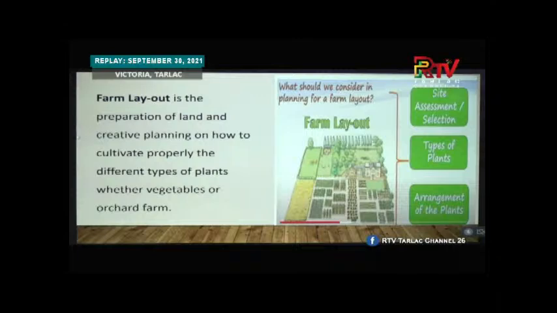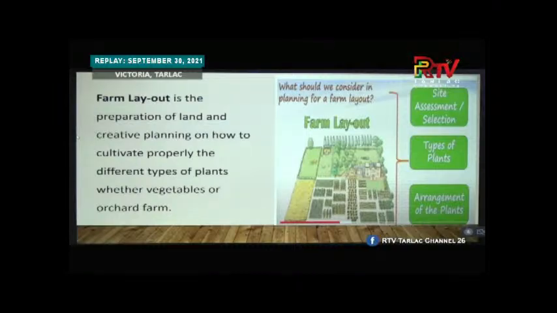What should we consider in planning a farm layout? There are 3 things that we need to consider in planning a farm layout. They are the site assessment and selection, the types of plants, and the arrangement of the plants.